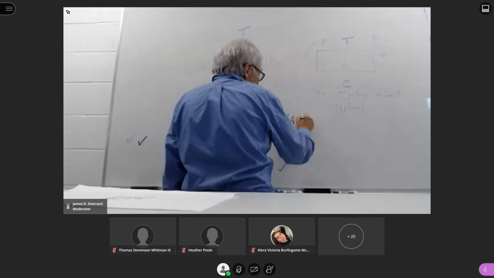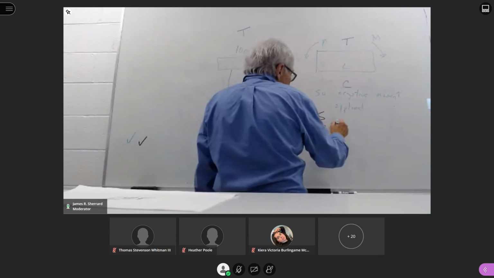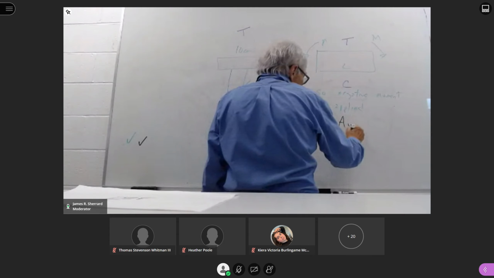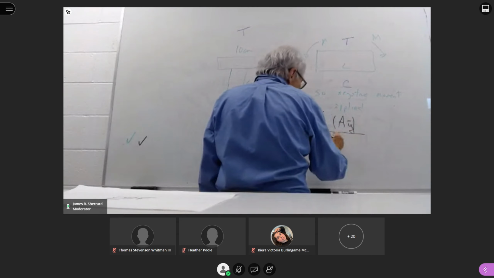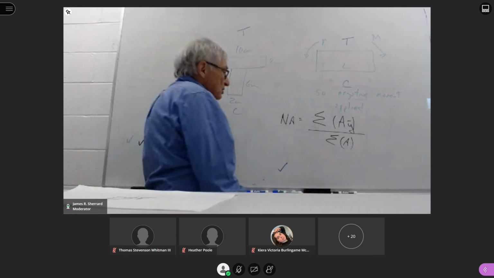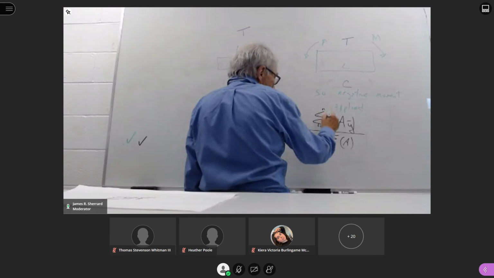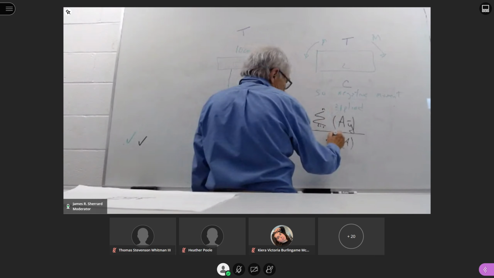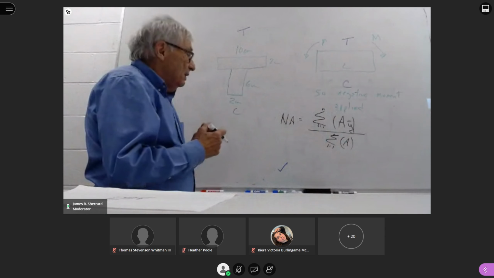Neutral axis is defined as the sum of areas times their centroids divided by the sum of areas. So this will be from 1 to n, depending upon how many shapes that you have.